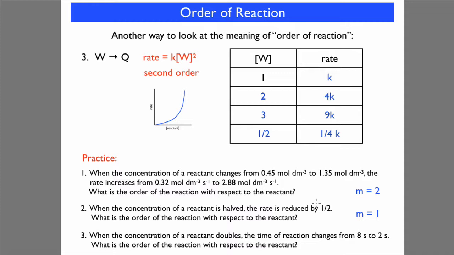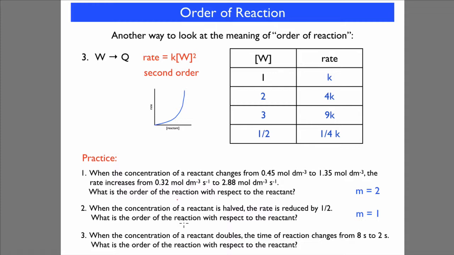Number 3, we've got, when the concentration of a reactant doubles, the time of reaction goes from 8 to 2. So it's not halved, 8 would go to 4 if it's halved, it goes to 2, so it's halved again. So let me have a think about this.